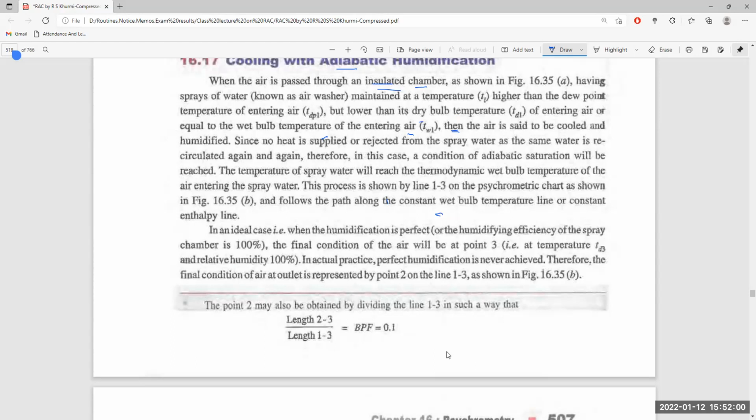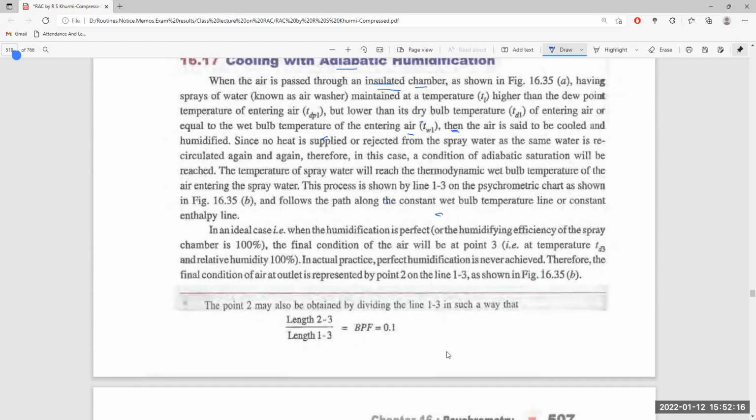Then the final condition of the air will be at point 3.